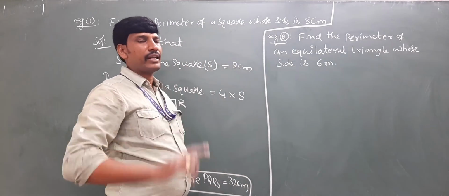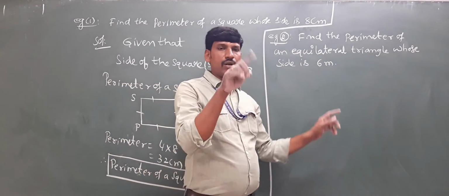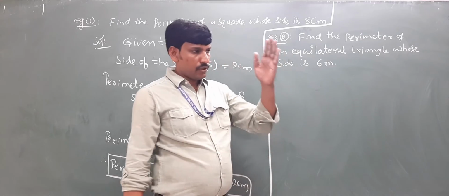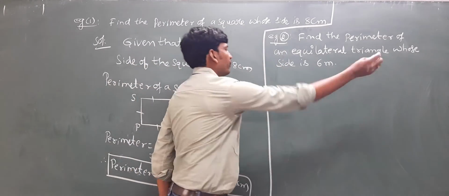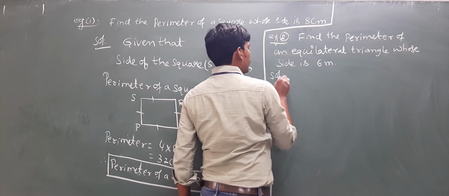So one side of an equilateral triangle is equal to 6 meters, which means all sides are equal to each other. So 6 meters, again 6 meters. Now to find the perimeter of this one, let us see the solution.